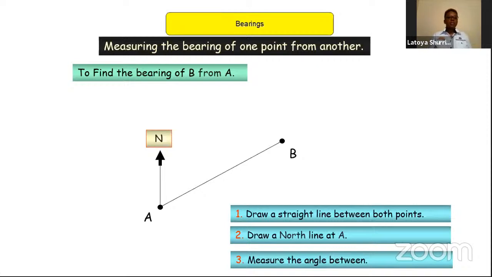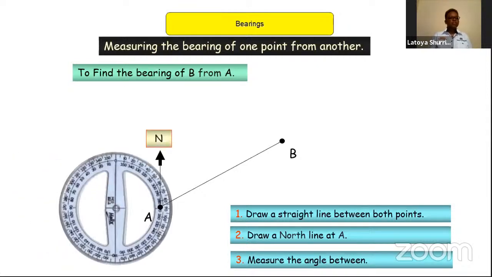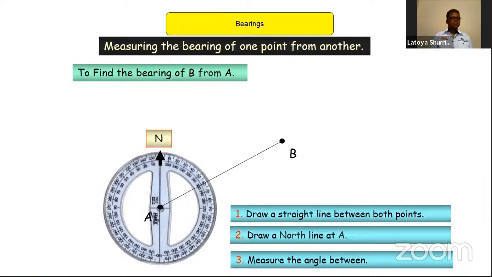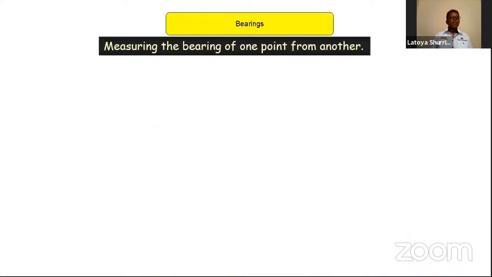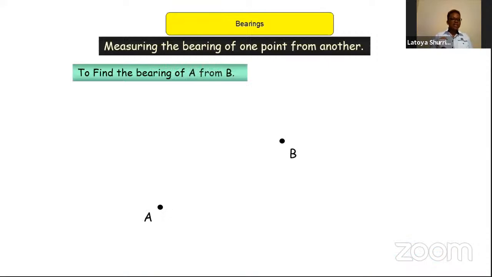And then we measure the angle between that north line and the line segment connecting the points, using our protractor. And the bearing from A would be 060 degrees. All right? Very important to identify your starting point.